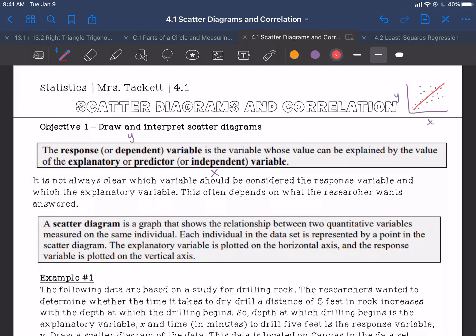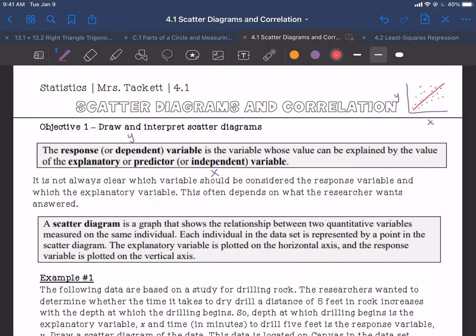So that would make your ACT the X variable and the SAT the Y variable. We could also look at that the other way. Does your SAT score have any effect on your ACT score? So that would make SAT the X variable and ACT the Y variable. So it just depends on what is being researched, or what question is being asked.